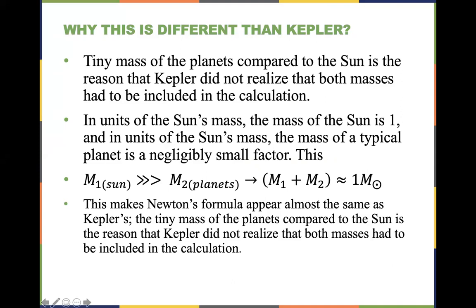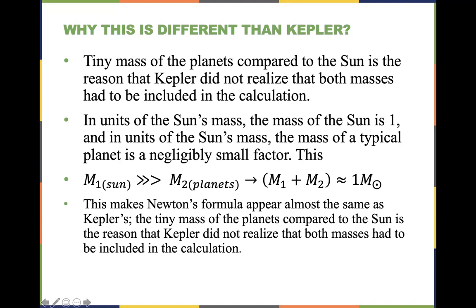Because of that, Kepler's law was initially an approximation, which is relatively correct, and we are still using it, right? It is just that if you have two masses that are comparably close to each other, this is where you need to use Newton's version.